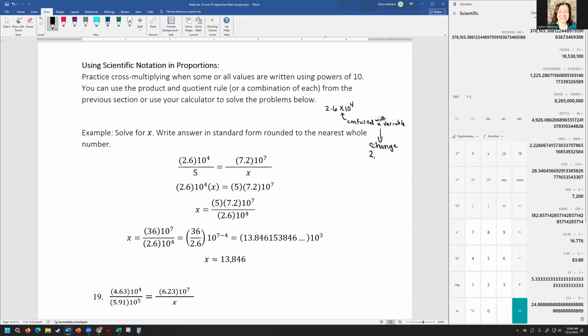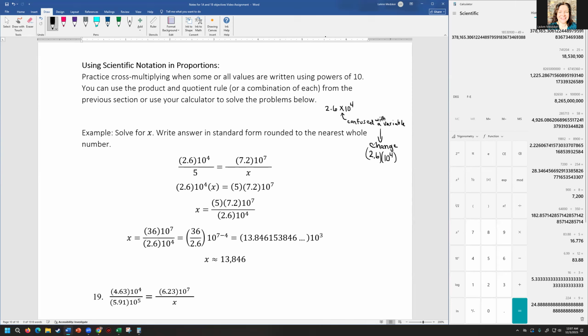I actually just turn it into parentheses. So 2.6, and you can do both of them in parentheses if you want, or you can just do one of them, but parentheses around one of the numbers indicates we are multiplying. So notice I just did it around the first number. So 2.6 and 10 to the fourth multiplied together using parentheses is a lot less confusing about what our variable is, because this uses a variable x in the denominator.